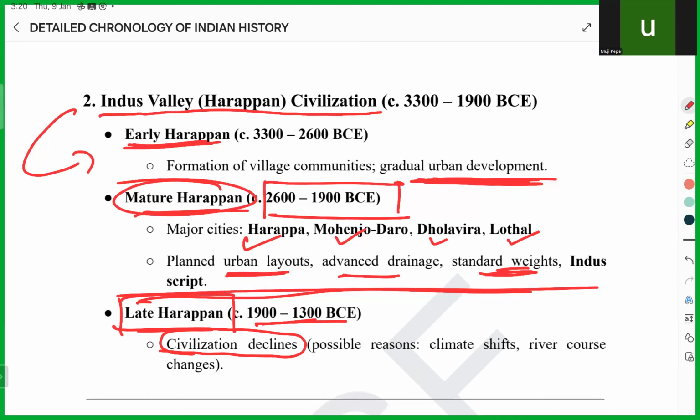When the major sites got destroyed or abandoned, the other smaller Indus Valley sites, which were dependent upon trade and interaction with these big sites, also got abandoned.